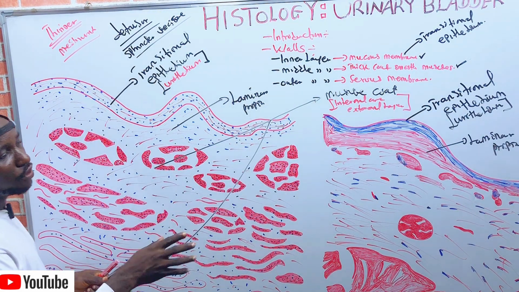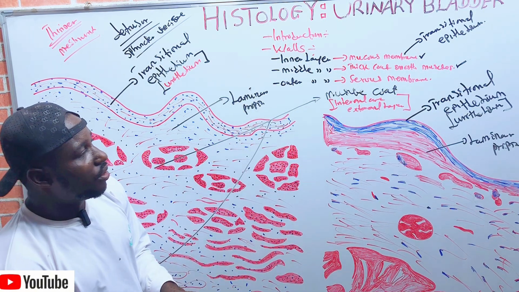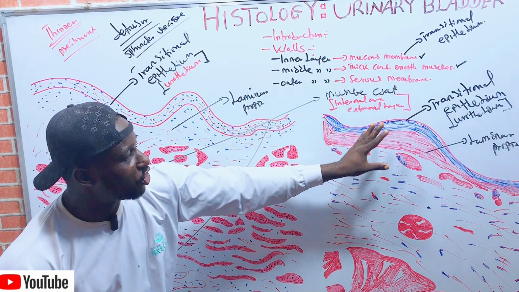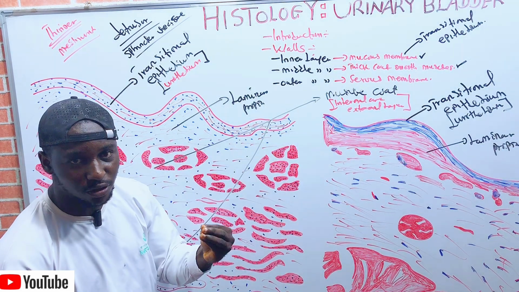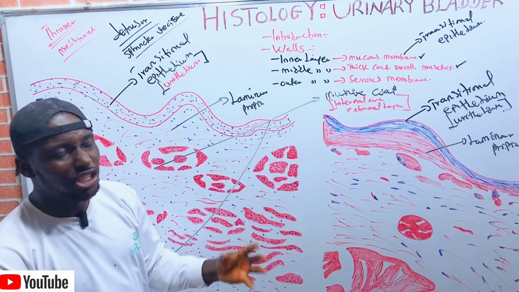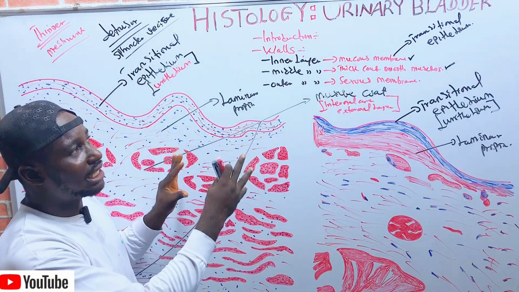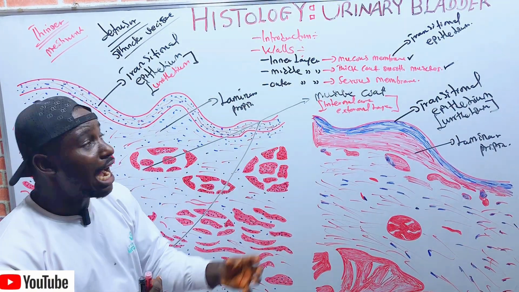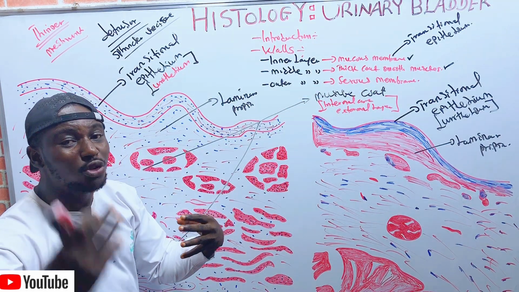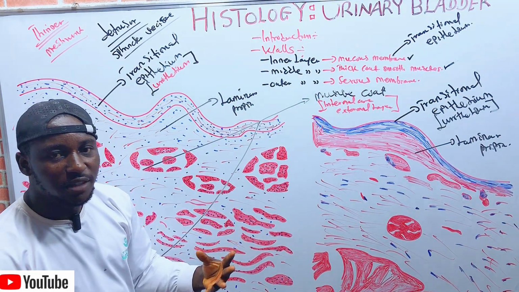Now, you have to understand that these features of the muscle coat are so profound. They are very important because without the contraction of the smooth muscles of the bladder, the bladder wouldn't be able to void its content.